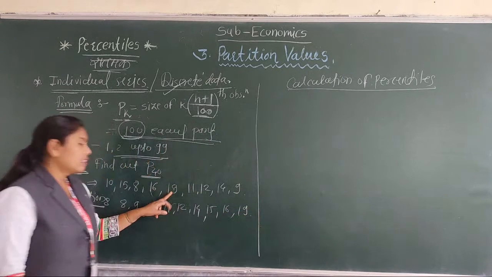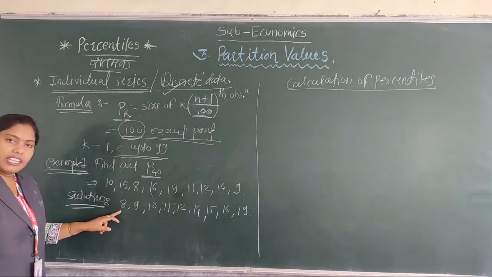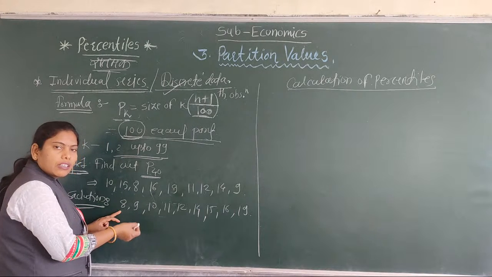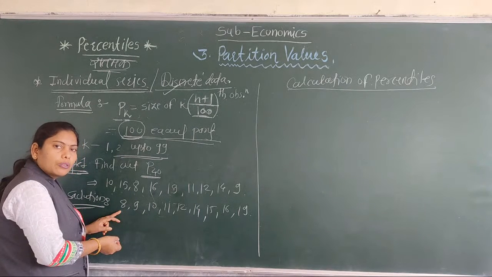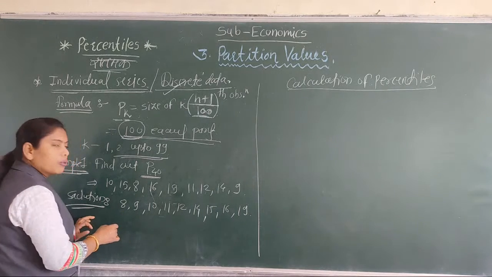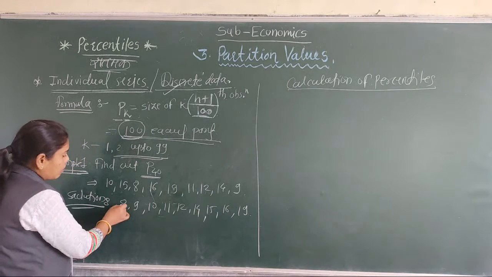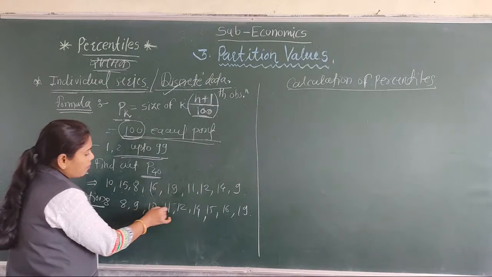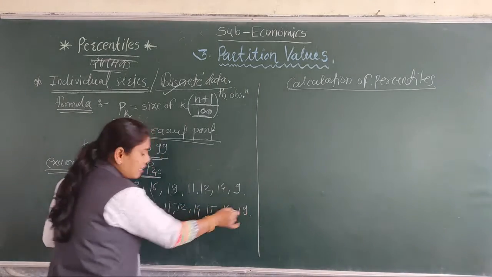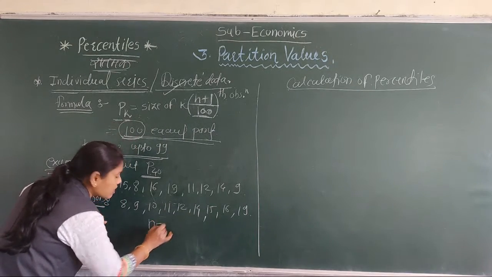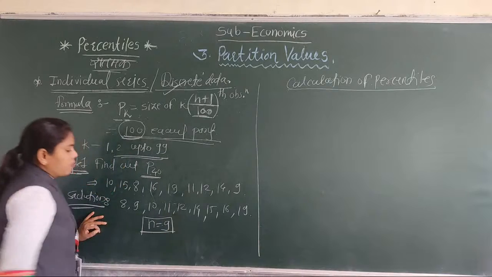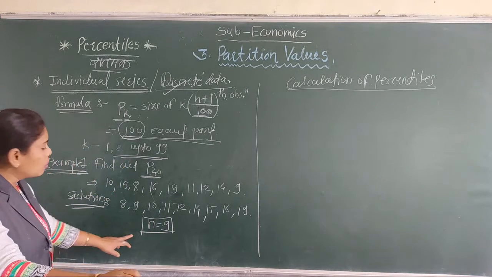Listen carefully, pay attention here. After that, we count the total number of observations: 1, 2, 3, 4, 5, 6, 7, 8 and 9. The total number of observations is equal to 9.